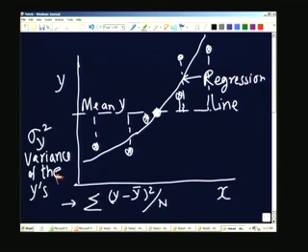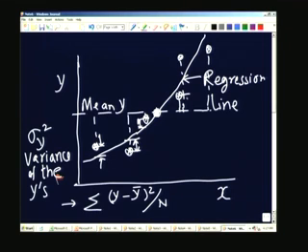Now, if you look at this graph, I have got a line which we call the regression line, and with respect to the regression line, there are errors. So, this is the error or the difference between the regression line and the data. Again we have a difference here and we have a difference here.